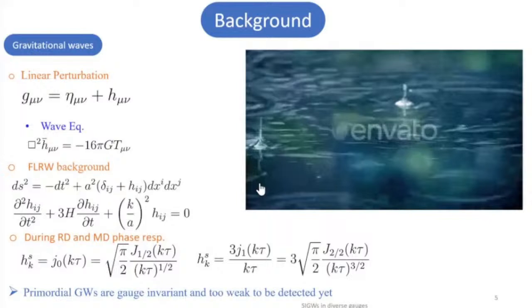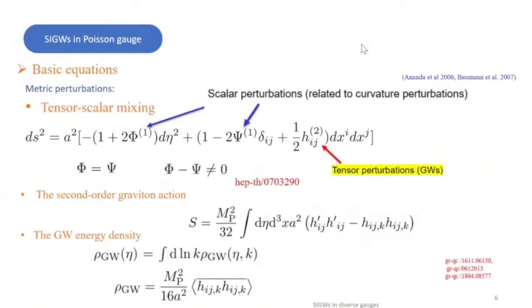Further, about scalar induced gravitational waves in Poisson gauge. Basically, the main agenda is gauge dependent scalar induced gravitational waves in different gauges. The typically chosen gauge is the Newtonian gauge. In the literature, this has already been discussed, and we have to discuss scalar induced gravitational waves in other gauges. First, we talk about the gravitational wave gauge.